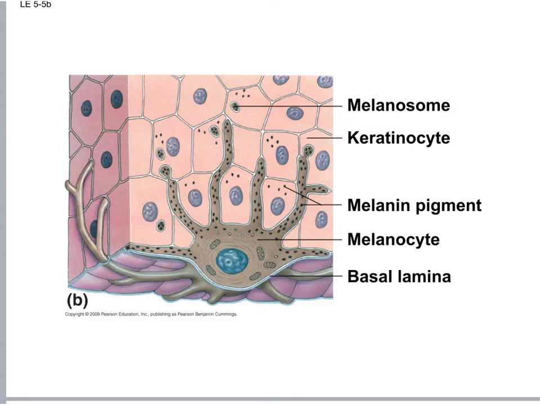This cell is called the melanocyte, and it produces a brown pigment called melanin. Melanin is very protective. When that brown pigment is released, the cell will pinch off a vesicle and release the vesicle into the keratinocyte, and then it'll release the melanin into the cell.